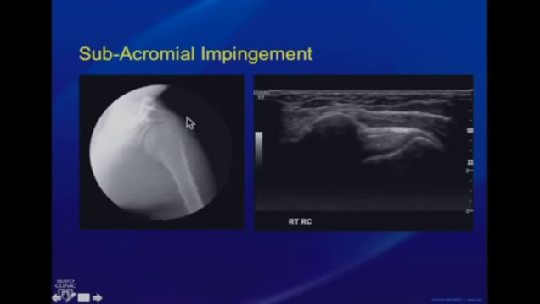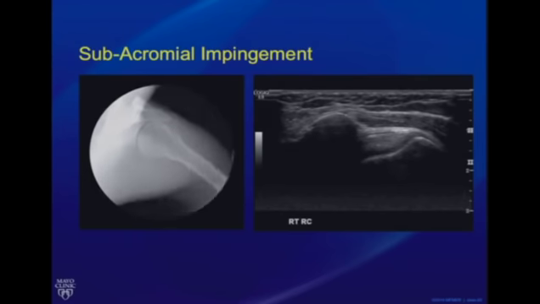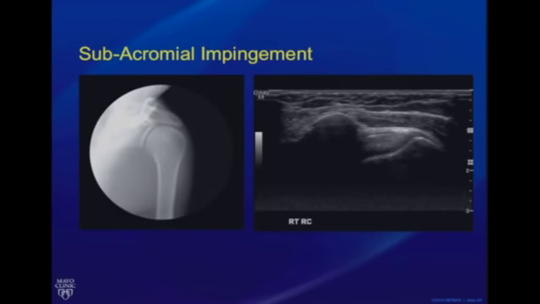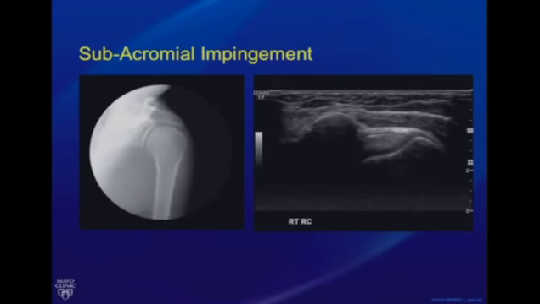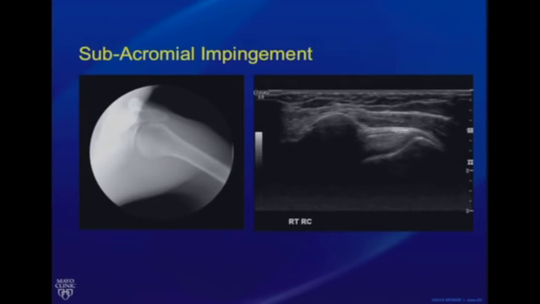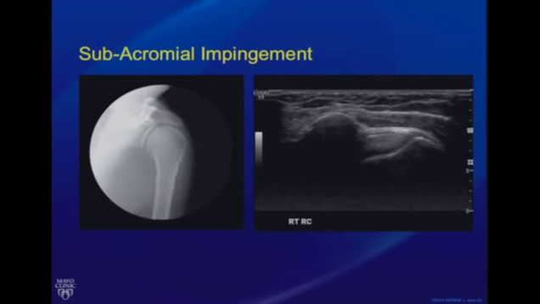When you have a thickened tendon secondary to tendinopathy, or a very thick bursa, then it makes sense to look for subacromial impingement. And subacromial impingement is basically trying to abduct the arm and to see how the rotator cuff slides under the acromion.